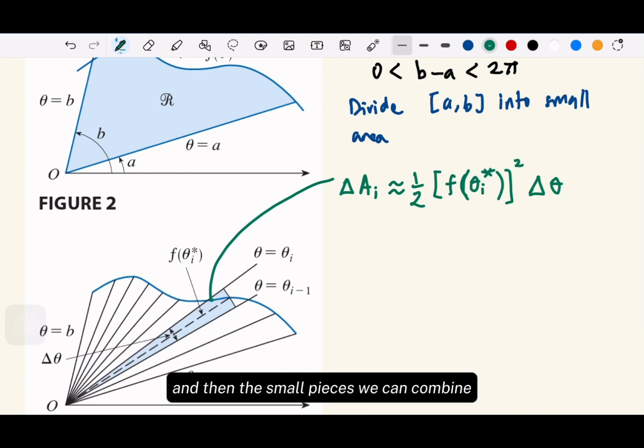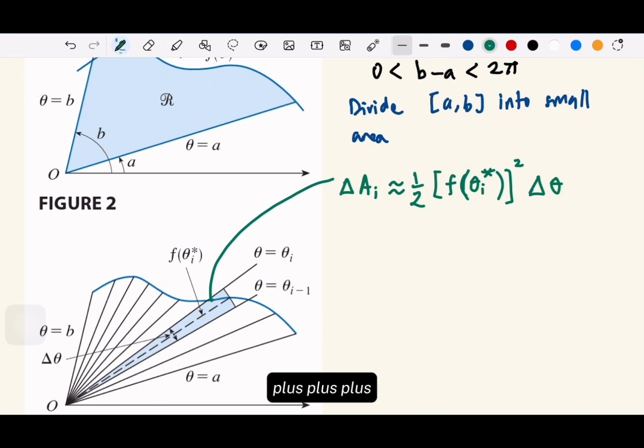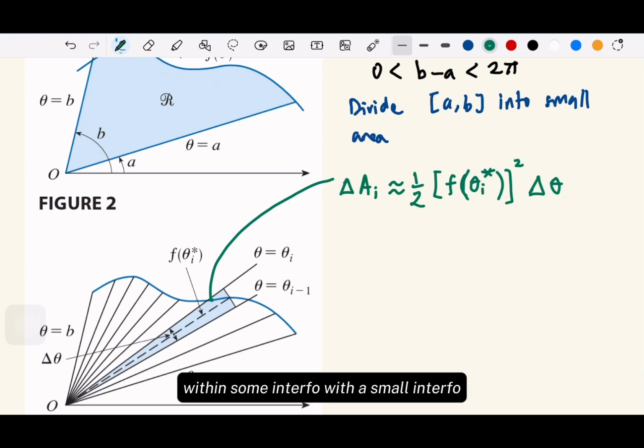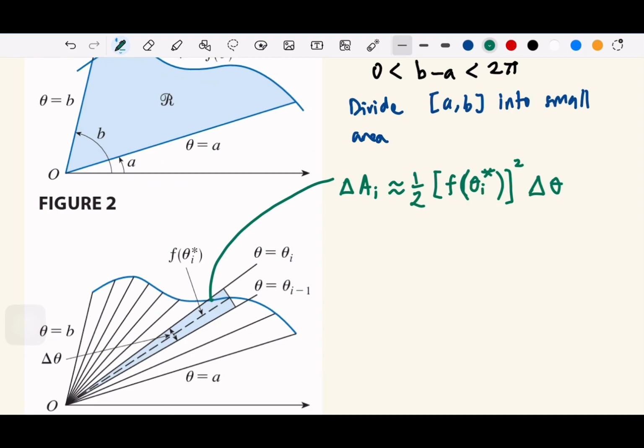And then the small pieces we can combine. So we can add all the small pieces, so we can approximate A using the sigma, the summation. We add all the sector areas within some small interval, and then we can add all those small areas, right?